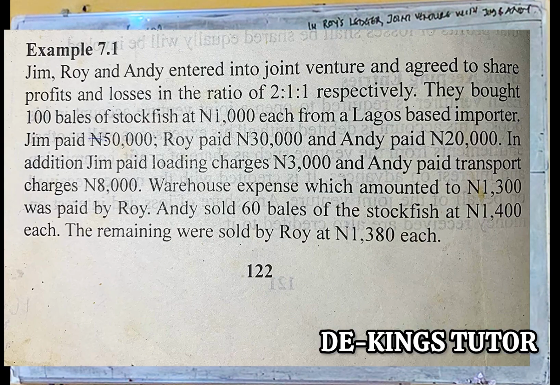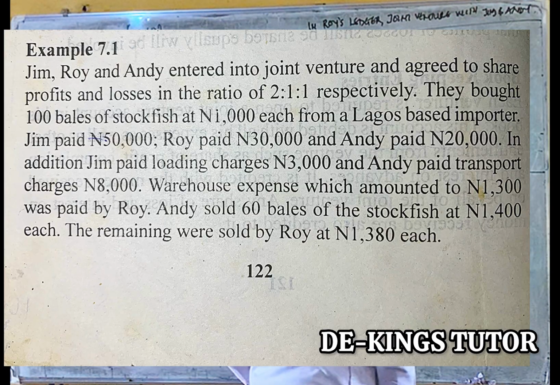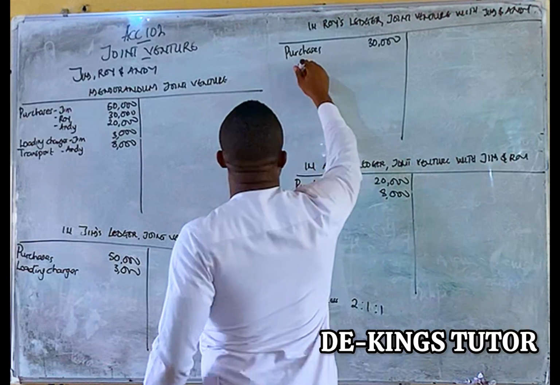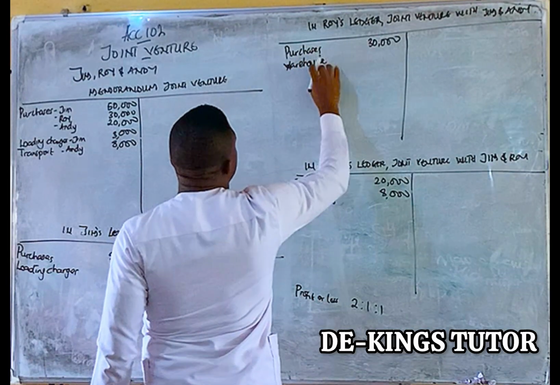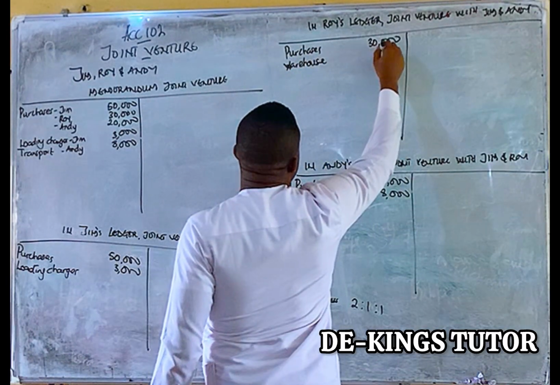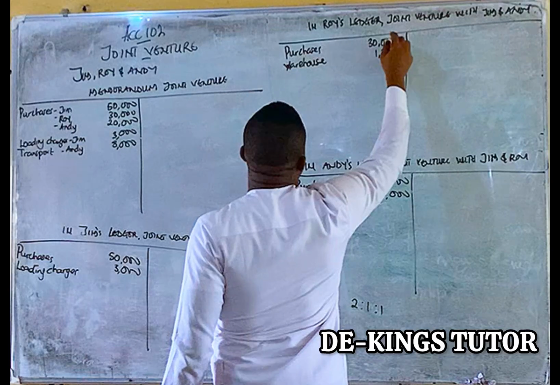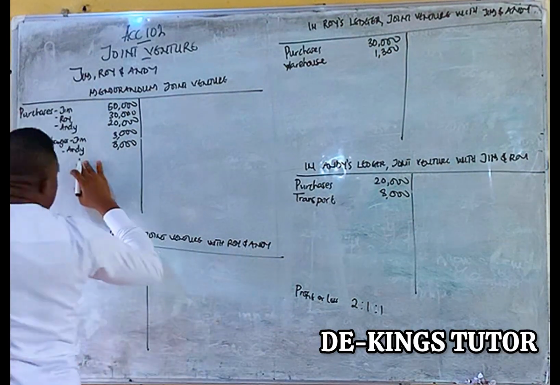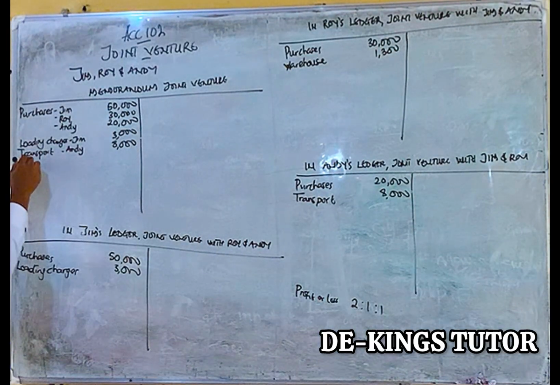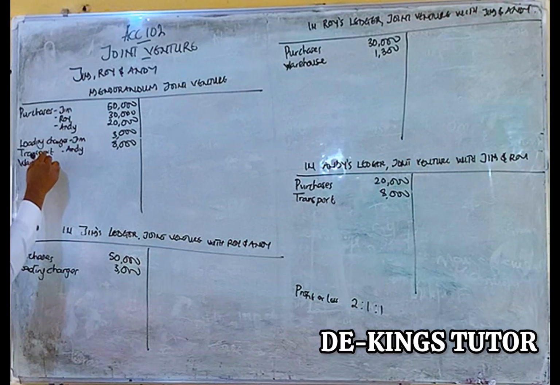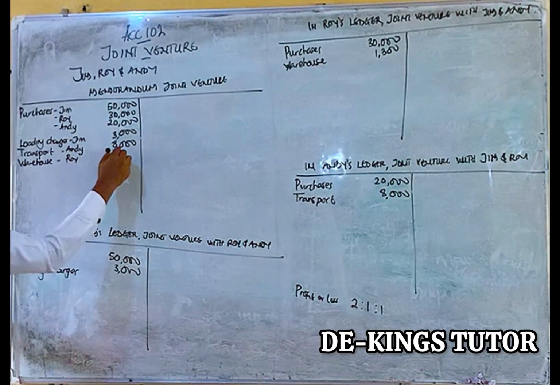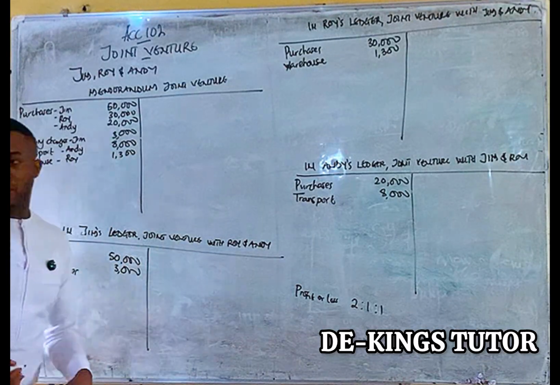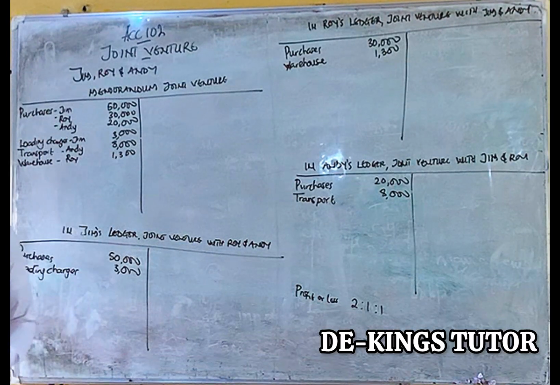Warehouse expenses, which amounted to 1,300, was paid by Roy. So you see how they share the expenses. Warehouse, 1,300. Warehouse by Roy, 1,300. Okay? Continue now.